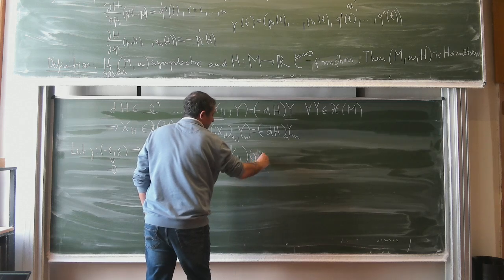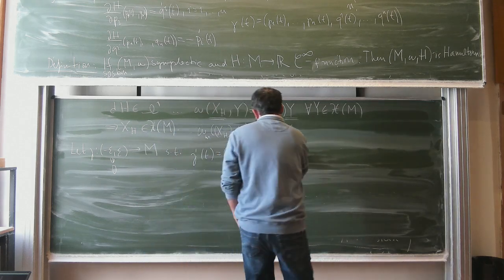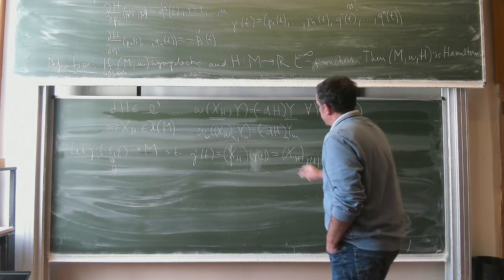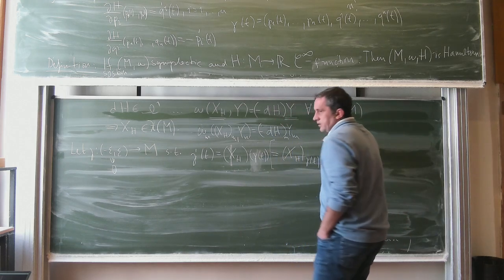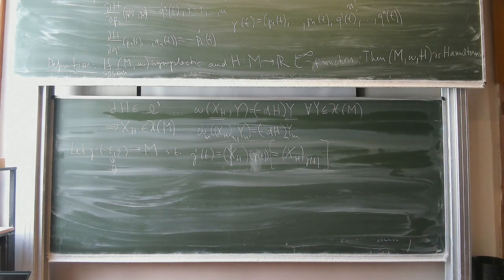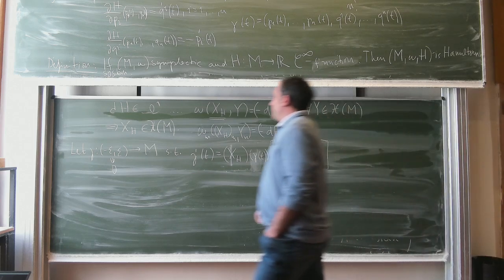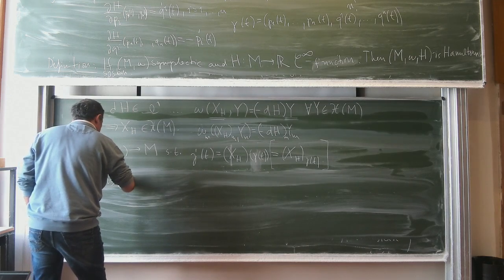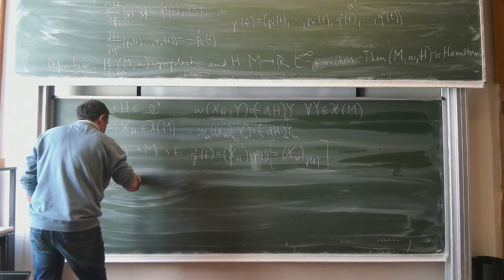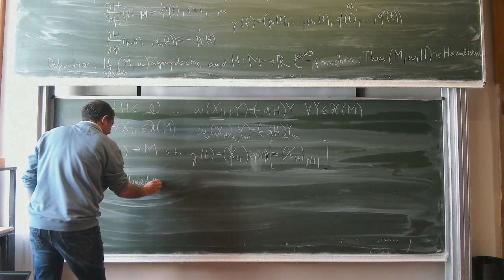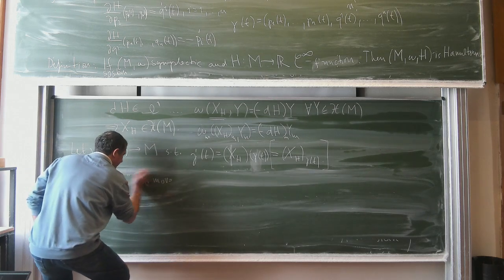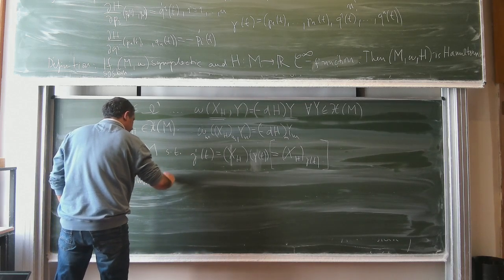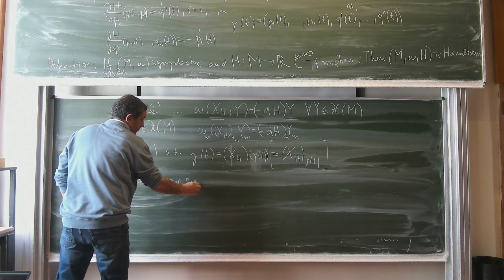I can evaluate it here or here, but it is the same, just the notation, to recall the notation for forms evaluated at a point. Then gamma is a Hamiltonian curve.